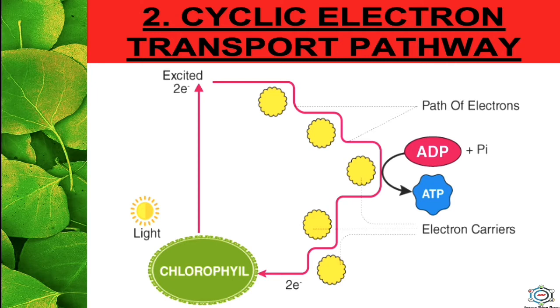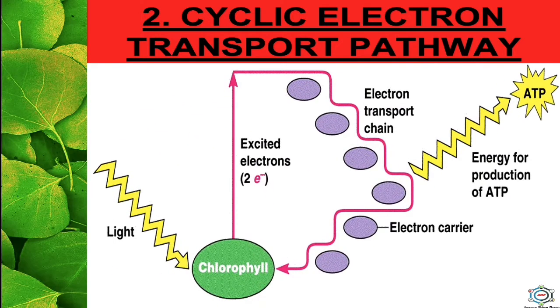The primary acceptor A then transfers the electron to ferredoxin. Reduced ferredoxin, unable to reduce NADP+, returns the electron to photosystem first via cytochrome b6, plastoquinone, cytochrome f, and plastocyanin.